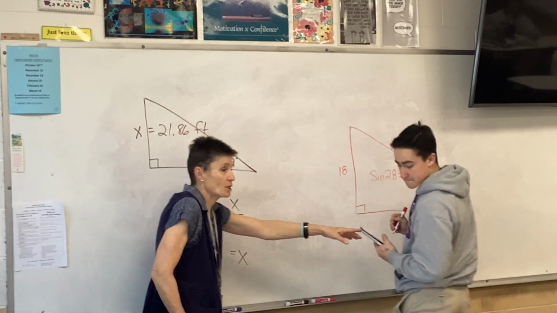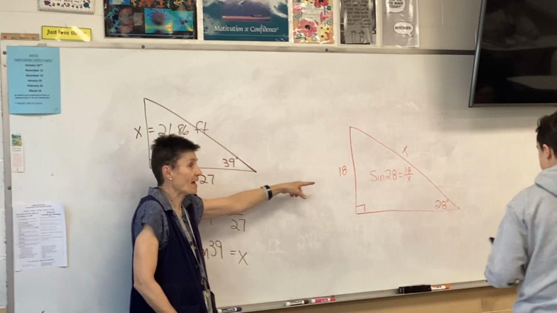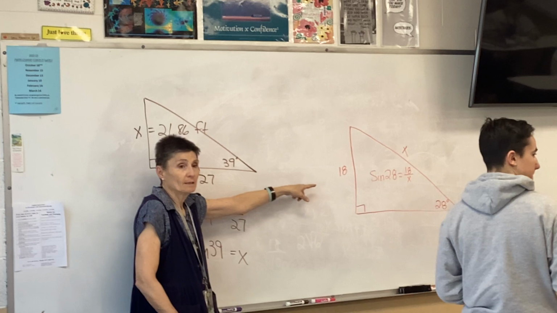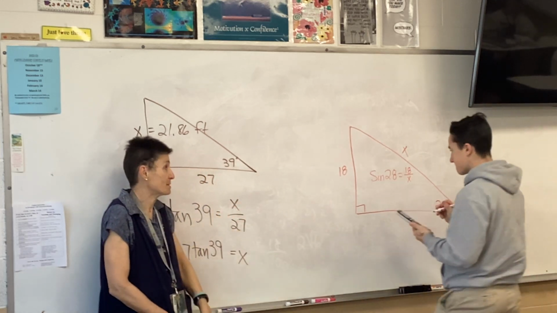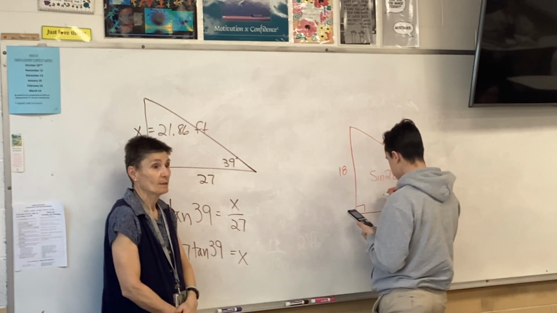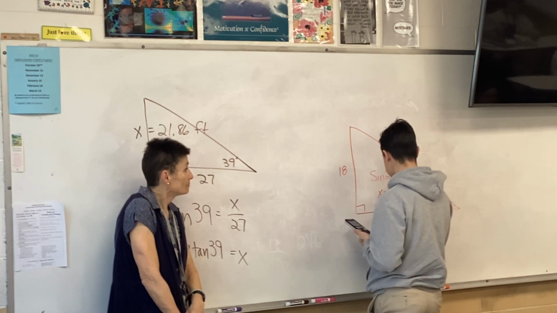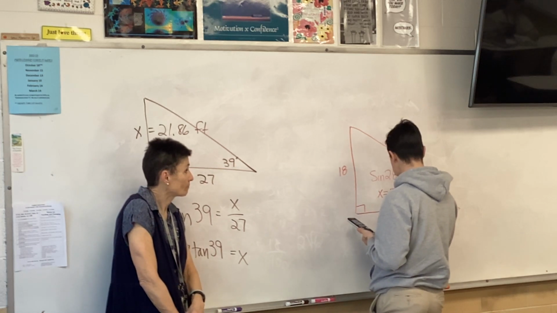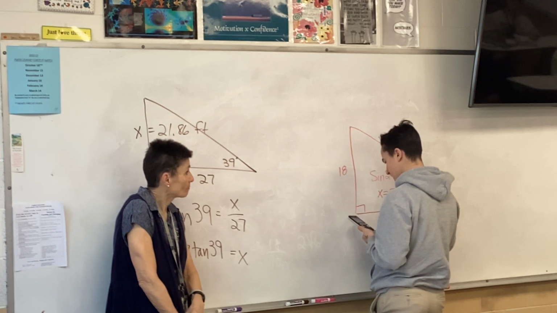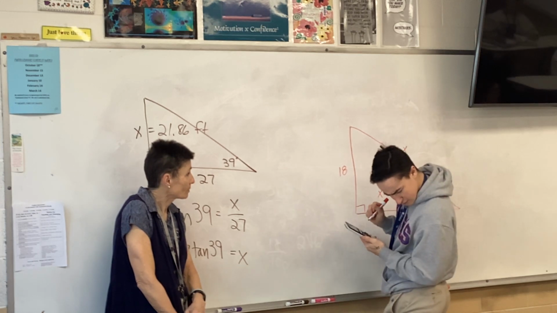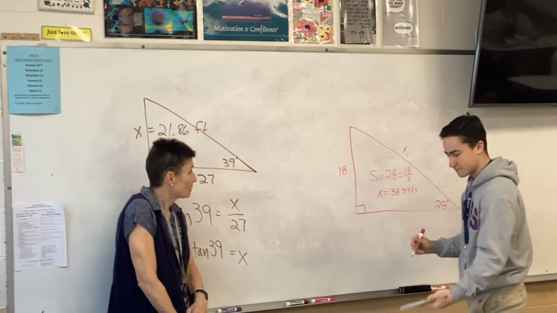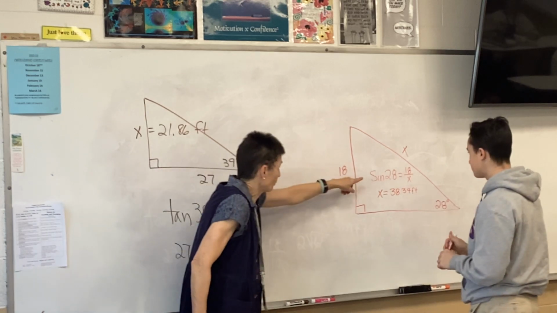Okay, step aside, let's check his equation. Yep. How many of you have that equation right there? I hope you all do, because he's right. That's a sine problem, opposite over hypotenuse. And I'd like to see the work with this.